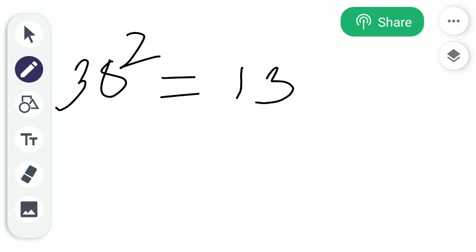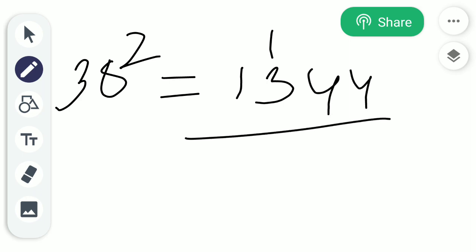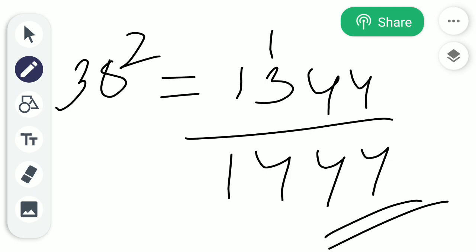And the square of 12 is 144. So the answer will be 1444. So using this method, you can calculate the square of any number lying between 25 and 75.